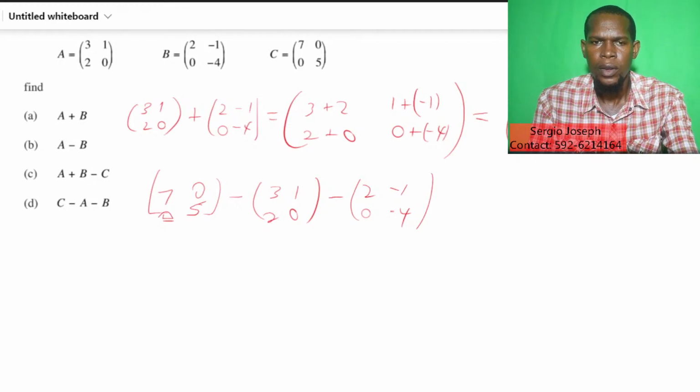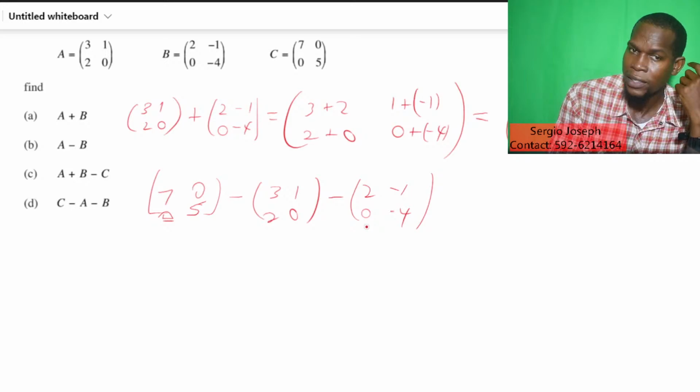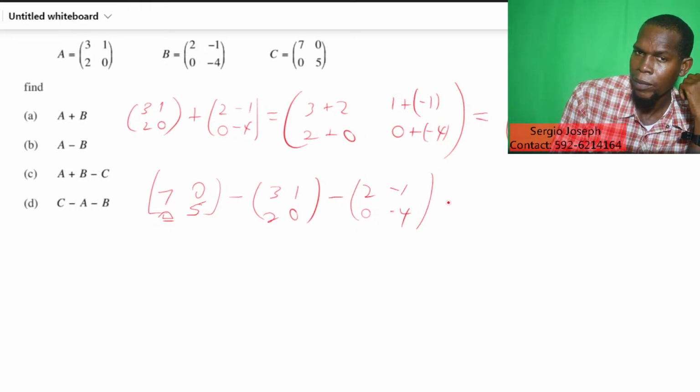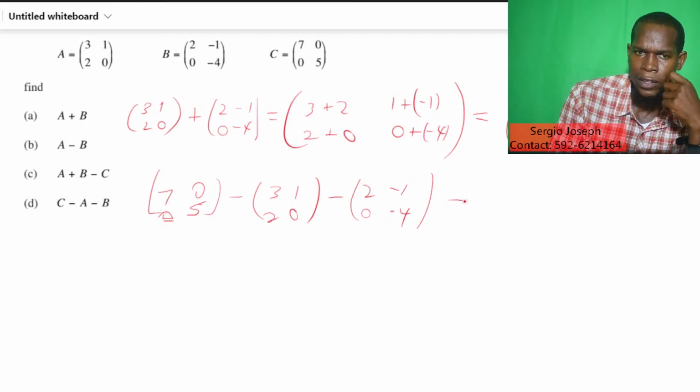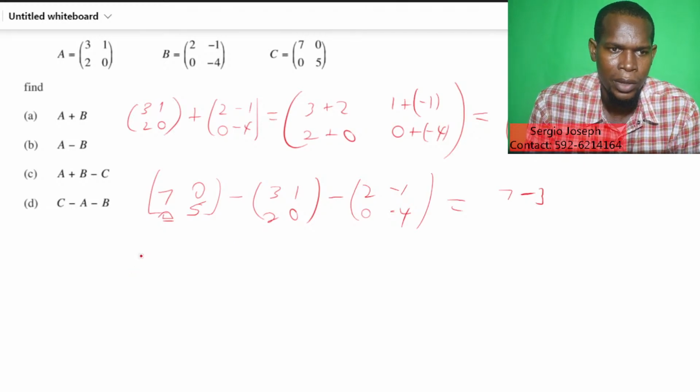Now, what some people tend to do sometimes is work the first pair first, right? But we could string them because they are all corresponding elements. So we could go 7 minus 3 minus 2. Oh, not a space, man. Look on a new line.